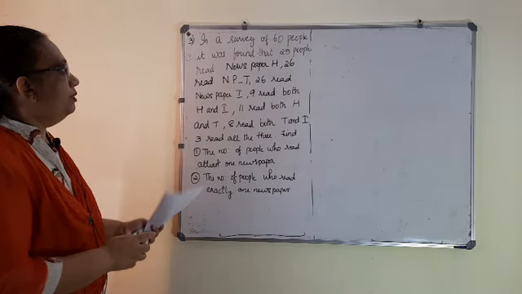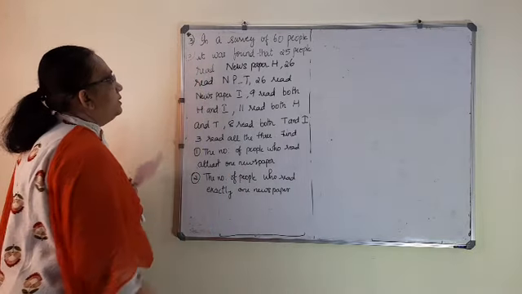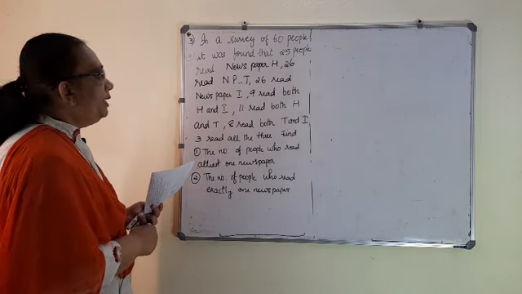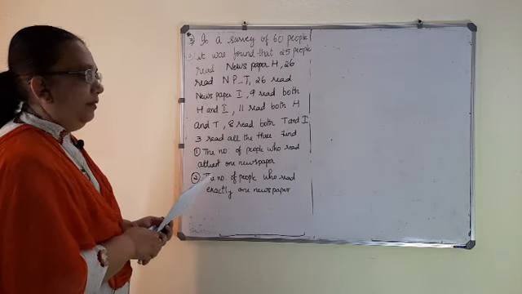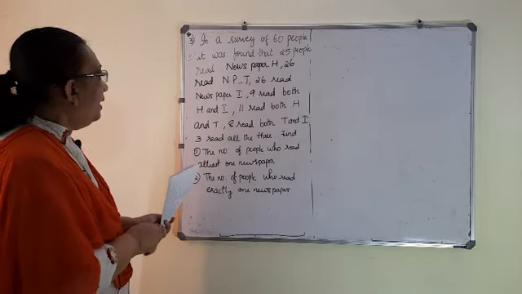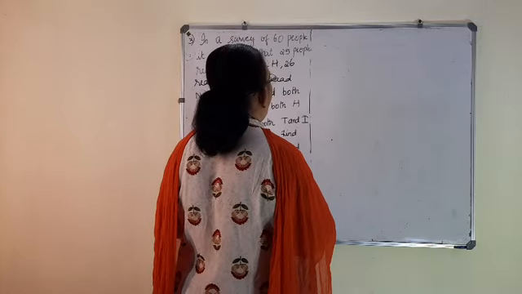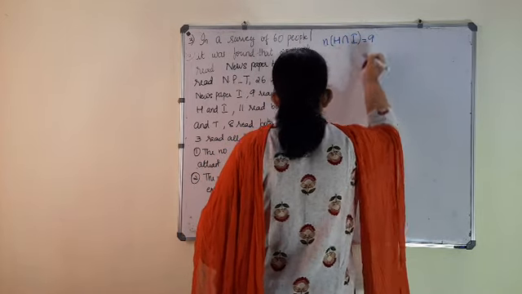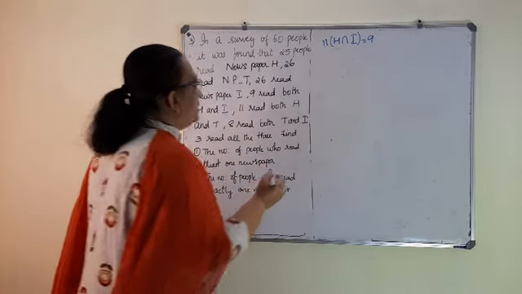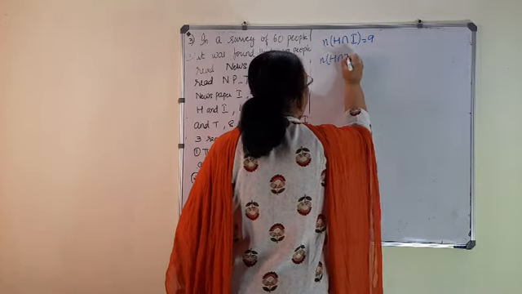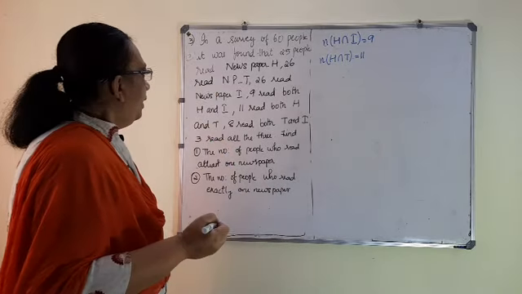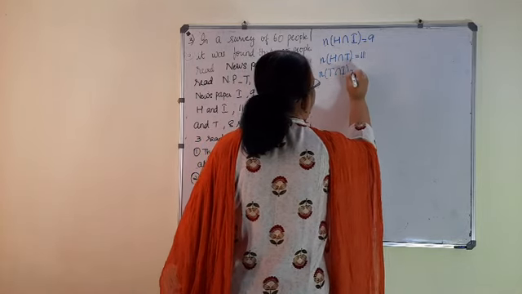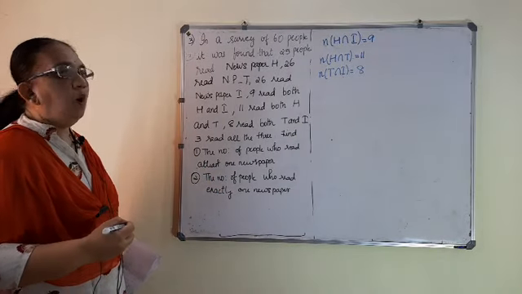Now read the question along with me. In a survey of 60 people, it was found that 25 people read newspaper H, 26 read newspaper T, and 26 read newspaper I. 9 read both H and I. 11 read both H and T. 8 read both T and I. And 3 read all the 3 newspapers.